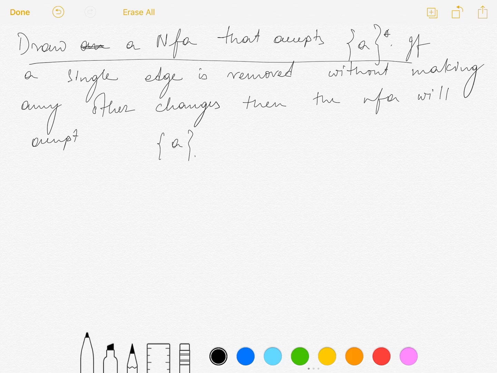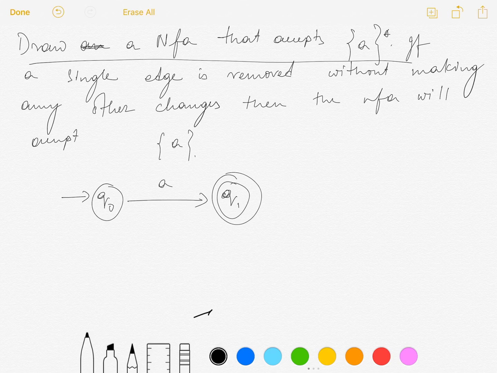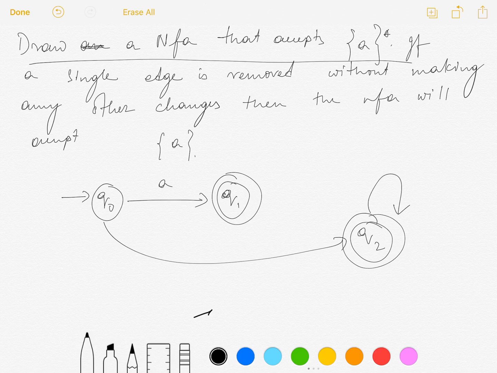One will accept A star, another will accept A. Another is Q2, that is also a final state accepting A. Now how to transit from Q0 to Q2?